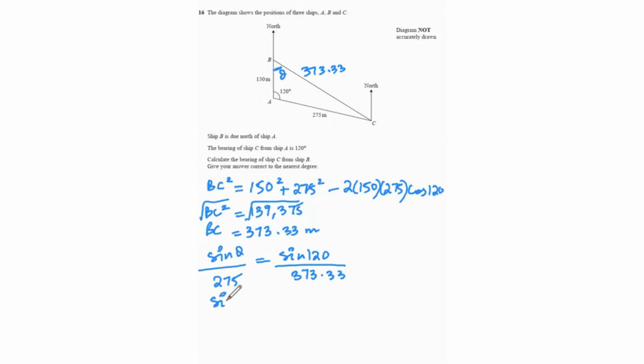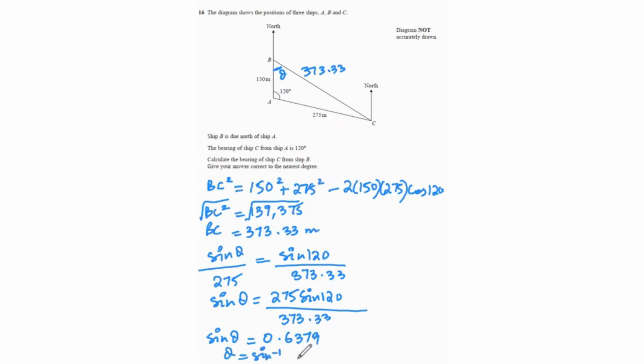Cross multiply, sine theta equals 275 times sine of 120 divided by 373.33. That's going to give us 0.6379. Take sine inverse of that, and that's 39.63 degrees. So this angle is 39.63 degrees.